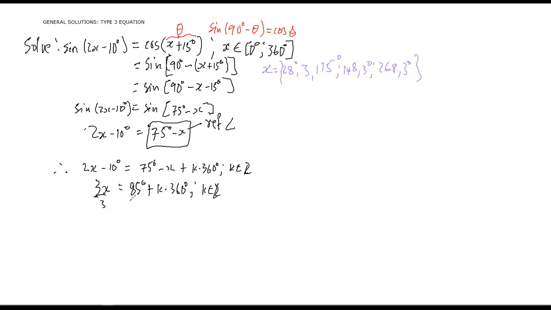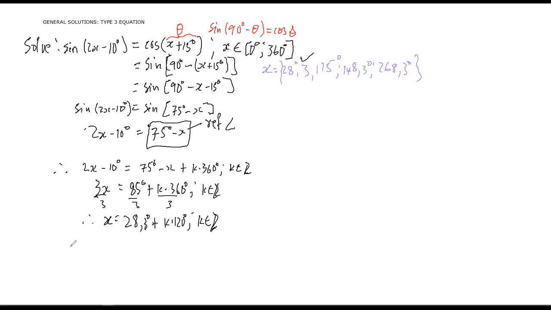So I'm going to divide by 3 throughout. And so x is 85 divided by 3, surprise, surprise, I'm going to get 28.3 degrees plus k dot, now I'm going to have a 120 there, and k is an integer. Guess what? We have found our first solution.